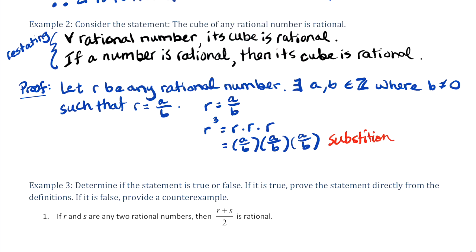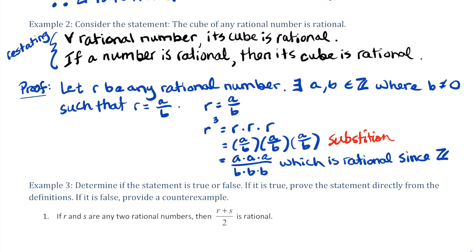So this is A times A times A over B times B times B, which is rational since the set of integers is closed under multiplication.